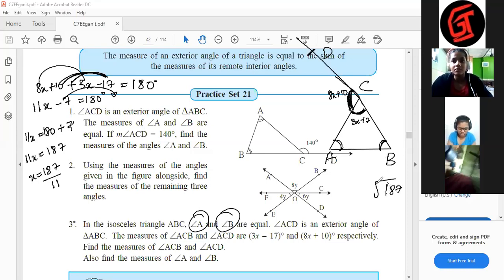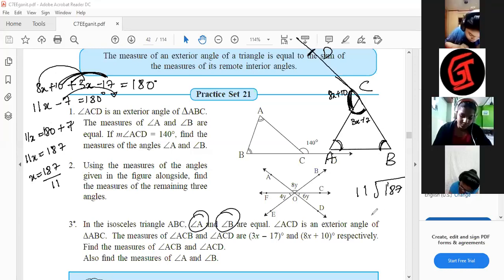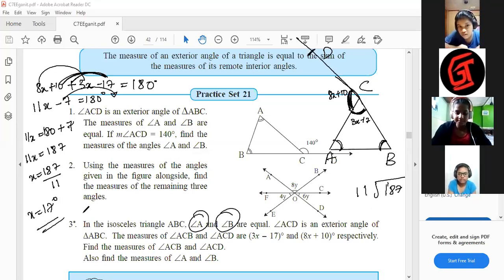Tell me. 187 divided by 11. Seventeen. So x is equal to 17 degrees.